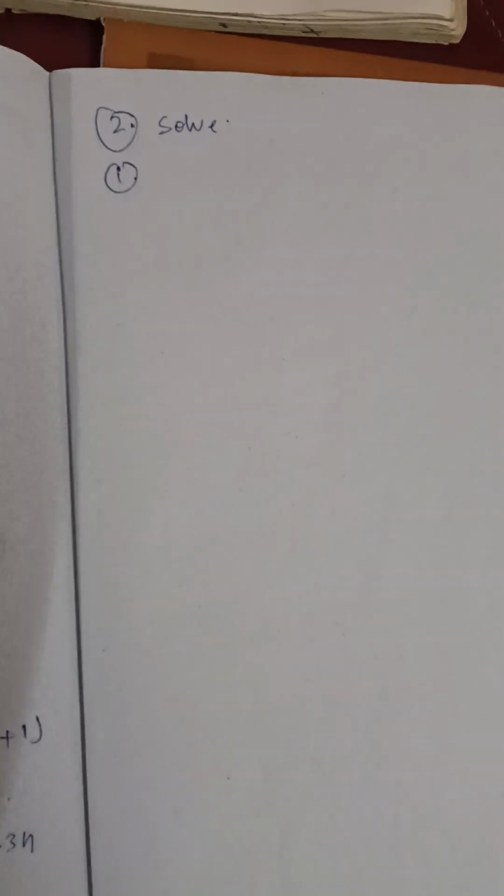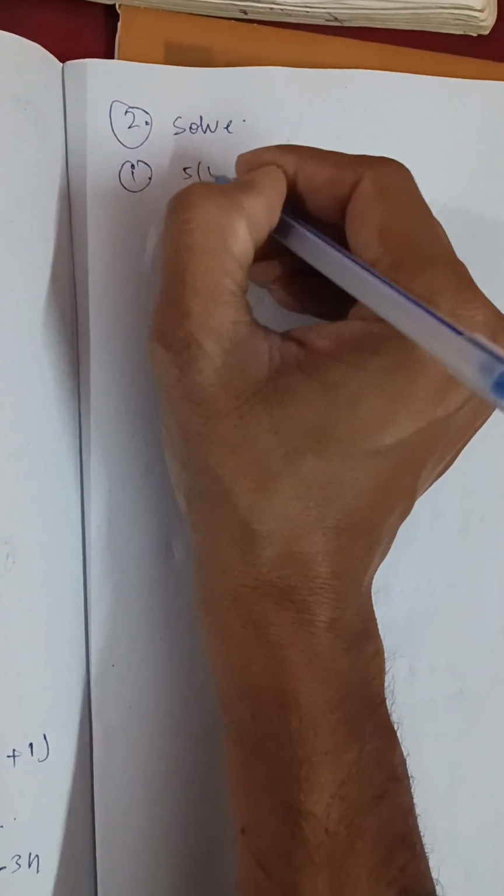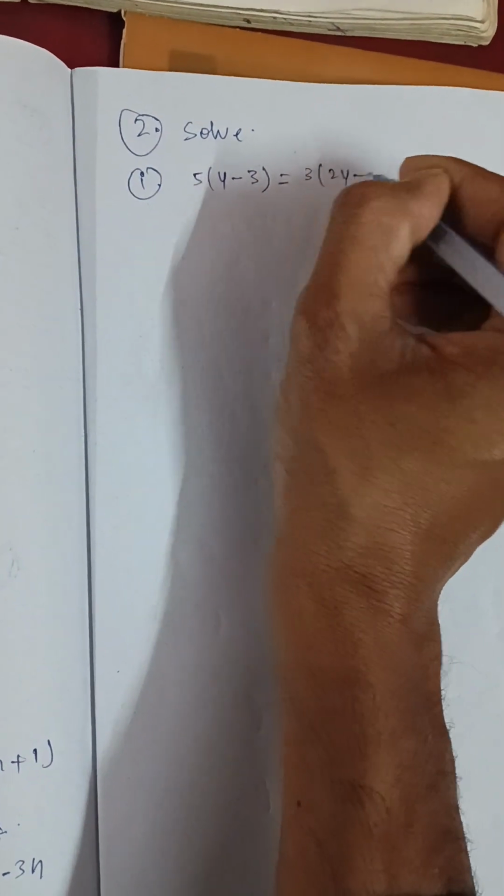Second question is solve. First question: 5 into (y minus 3) equals 3 into (2y plus 1).